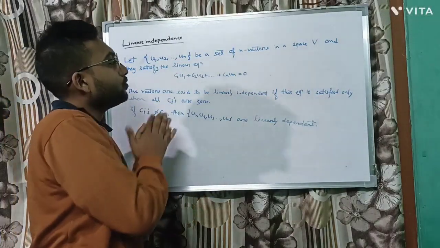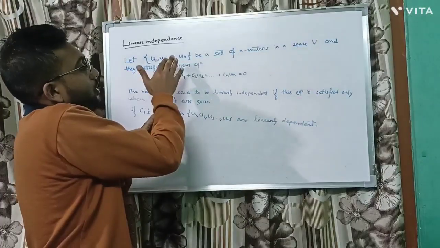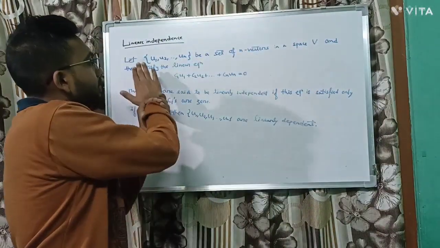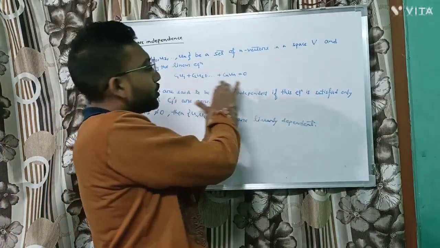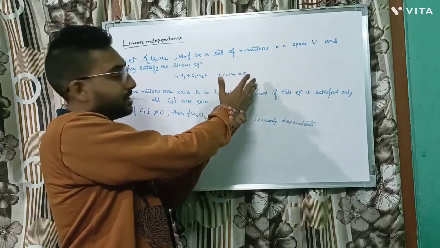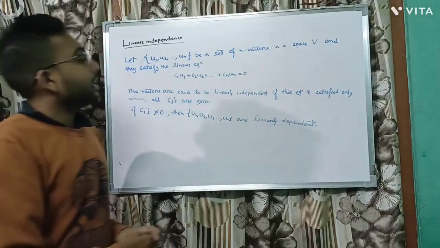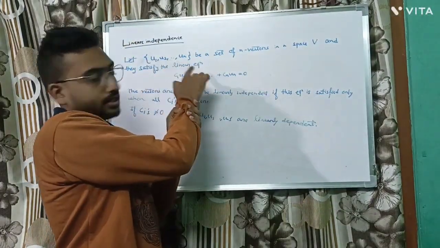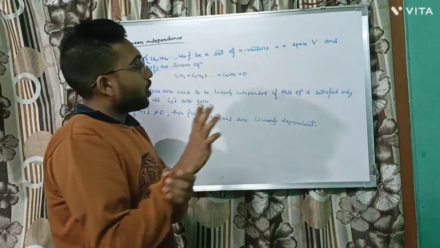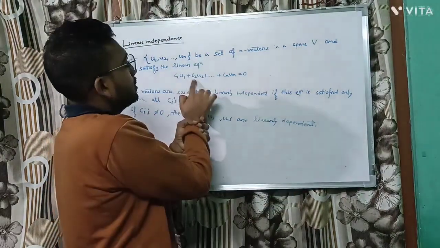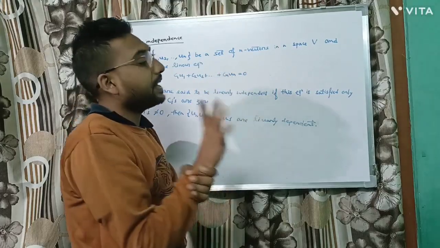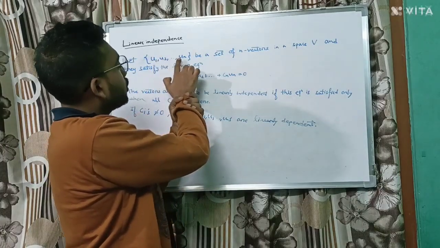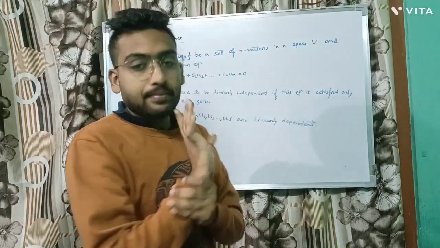So if I have a set of n vectors, that is u1, u2, un, and they are vectors in the space V, and if these vectors satisfy this linear equation, then I have 0 on the left hand side. So if this equation is satisfied by this set of vectors u1, u2, un only when all the constants c1, c2, cn are independently 0, then the vectors u1, u2, un are linearly independent.